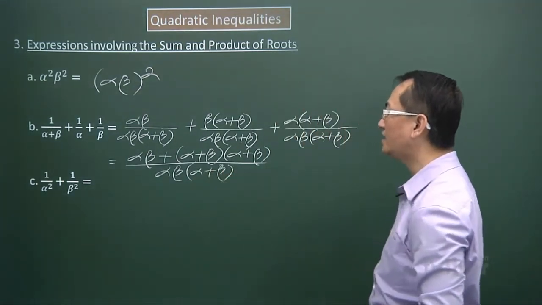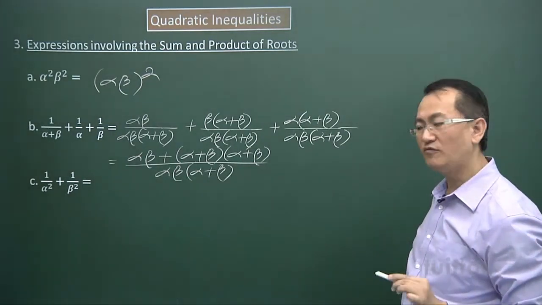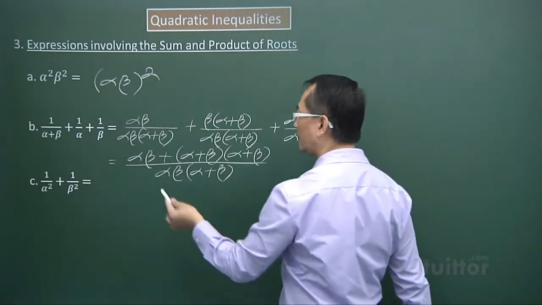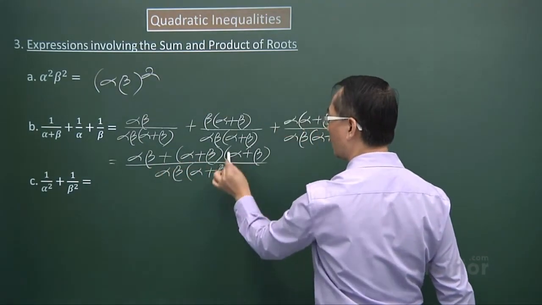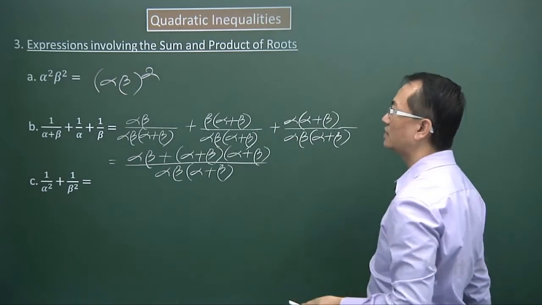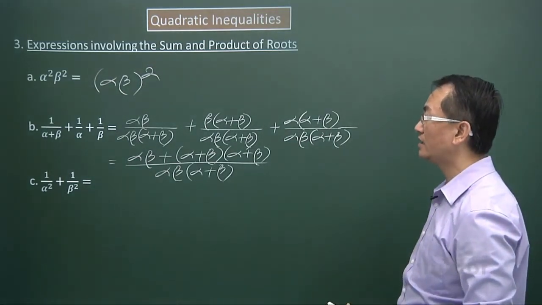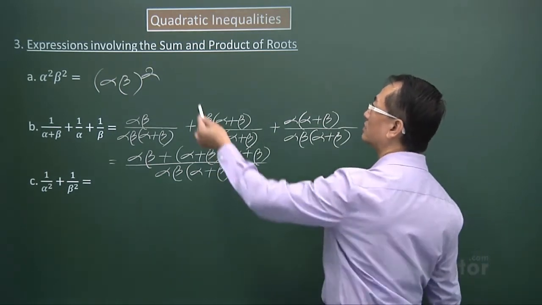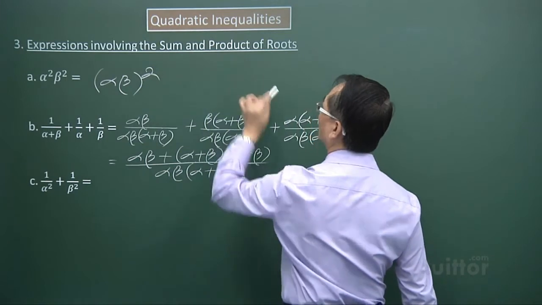Now you can see this expression, though quite cumbersome, involves only the product of two roots and the sum of two roots. So that's why we are looking at expressions that we can simplify to just sums and products of roots.